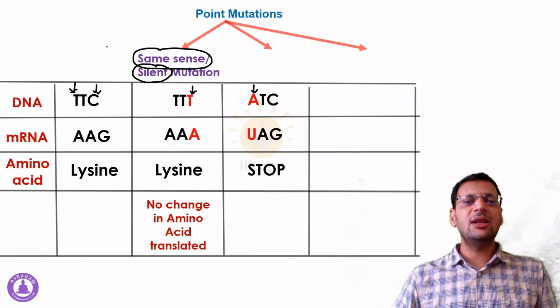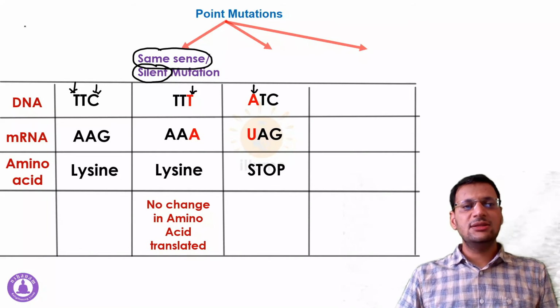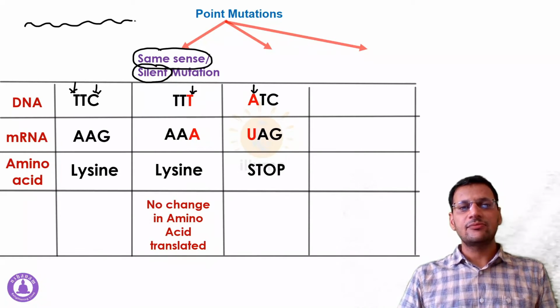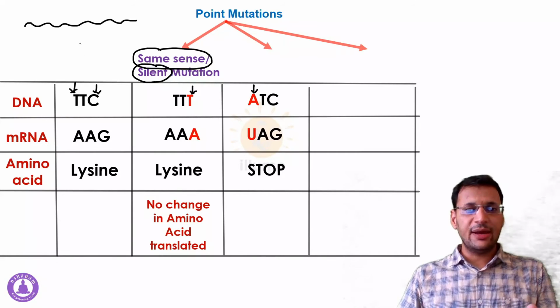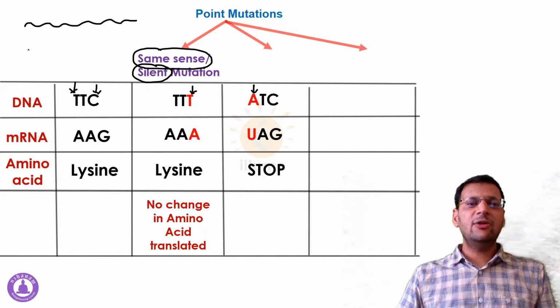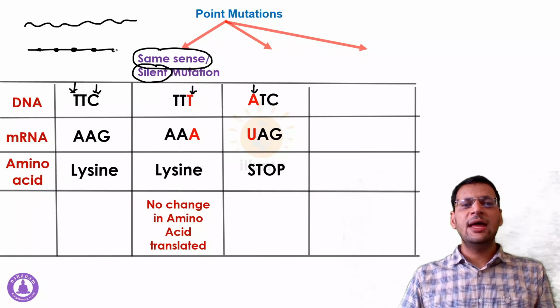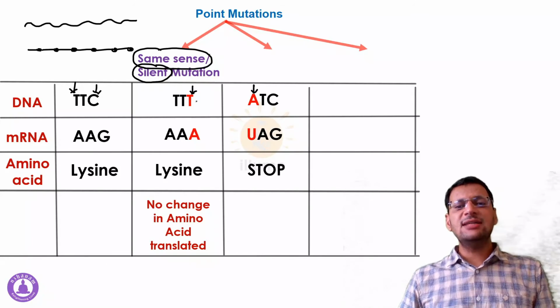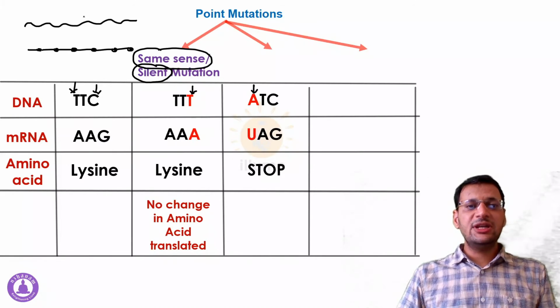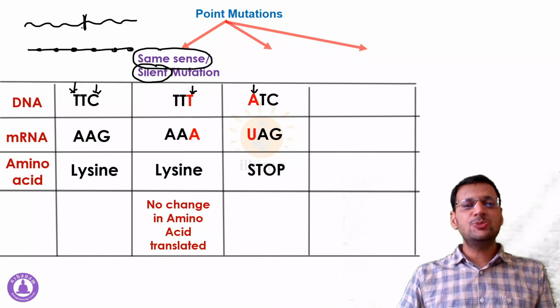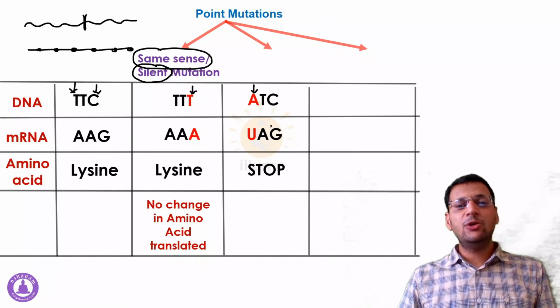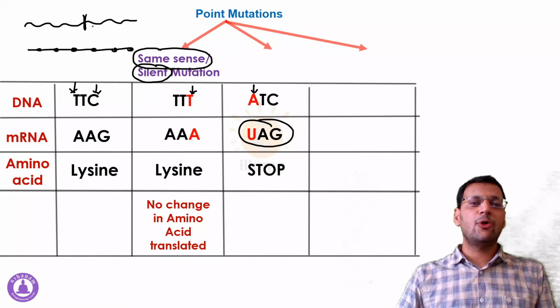Let's take an example. Let's see, this is the mRNA. Earlier it was the mRNA that was transcribed, and it was leading to the formation of this protein with these amino acids. Now what has happened, there was a mutation at this point, and at this point the mutation led to the formation of a stop codon here.